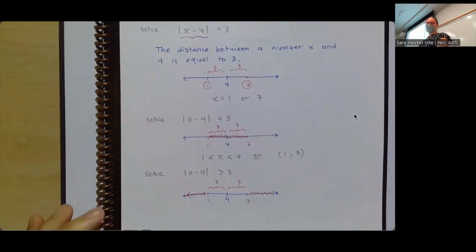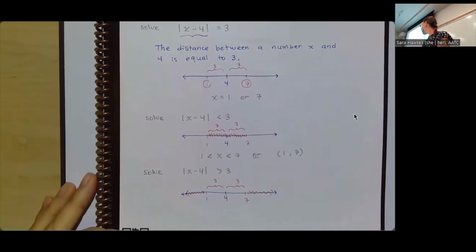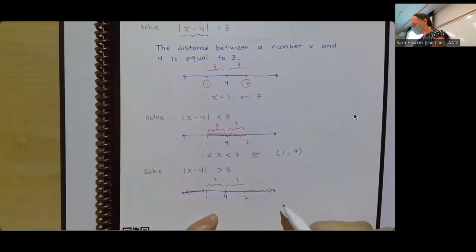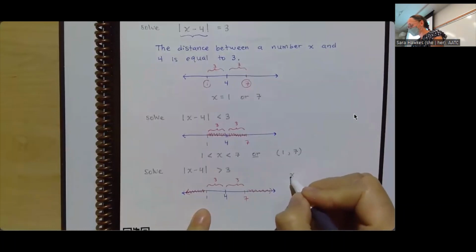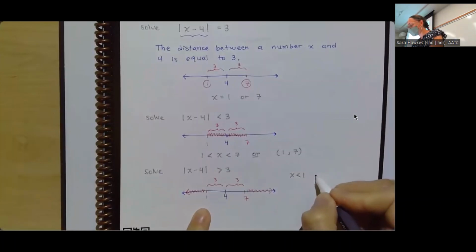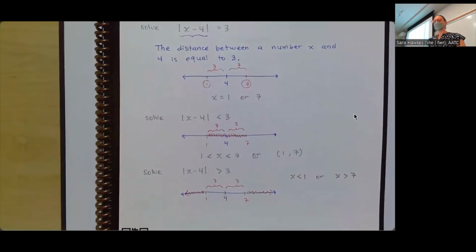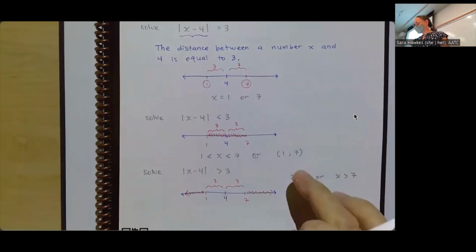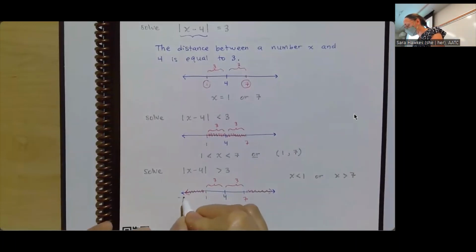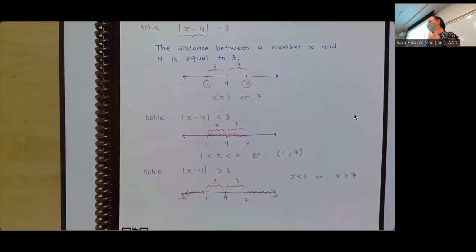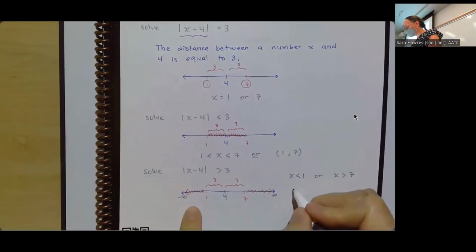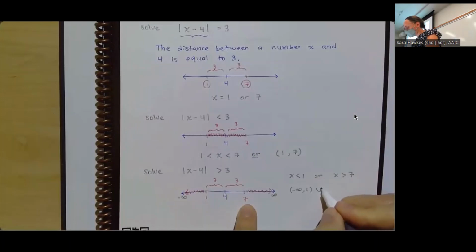Now this one I think is a little bit messy to write, but it's not too terrible. So if I'm going to use the inequality notation, this says that x is less than 1 or x is greater than 7. If you wanted to do it in the interval notation, because I'm going out to the edges of the graph, I need to grab that negative infinity, positive infinity thing. So I'm going to say negative infinity to 1 and 7 to infinity.